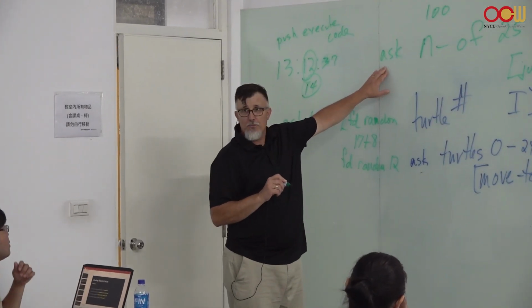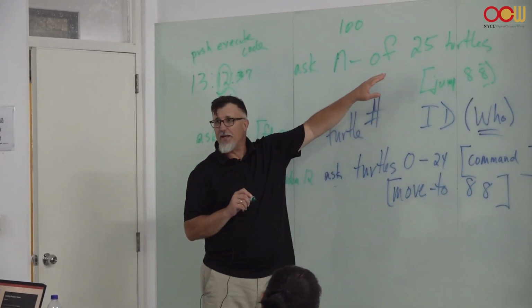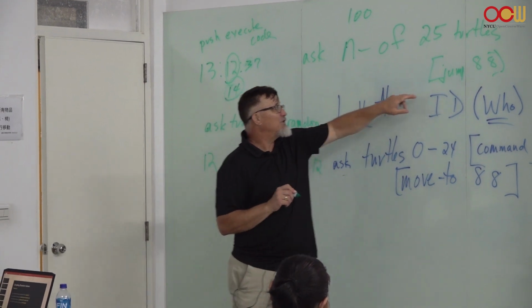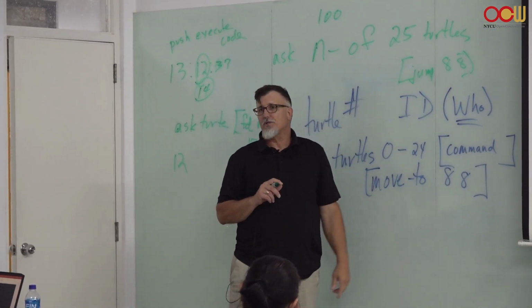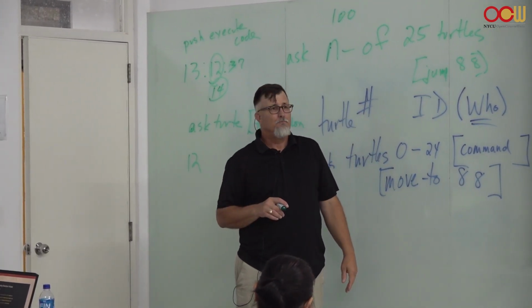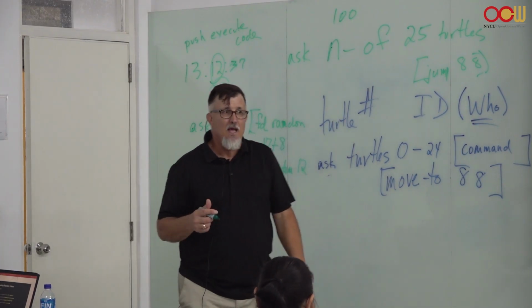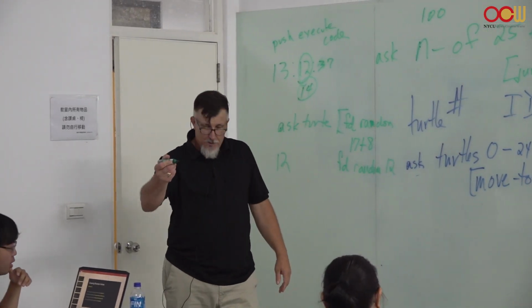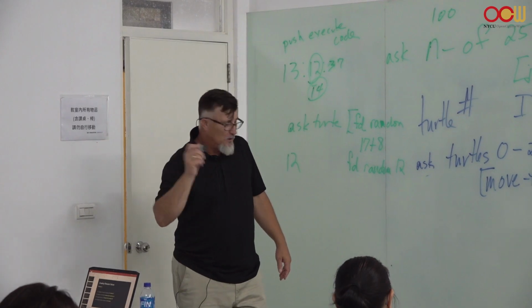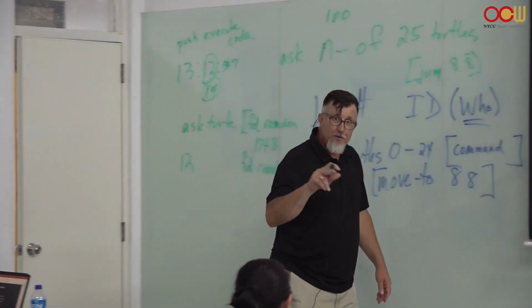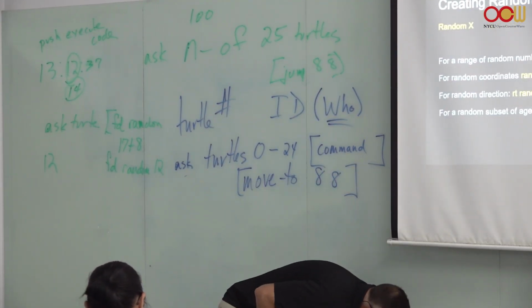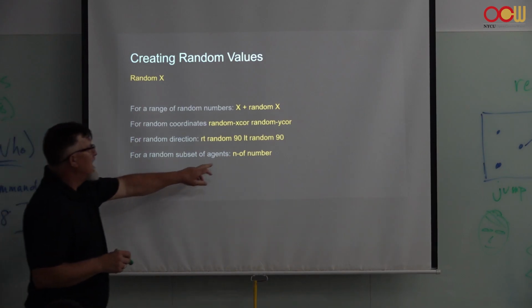Now what I'm doing is picking a random subset out of all those 100 turtles and just telling them to jump to those coordinates. It would do exactly the same thing as calling the who number, which is how you accomplished it in the spirograph exercises. That's the N of command.